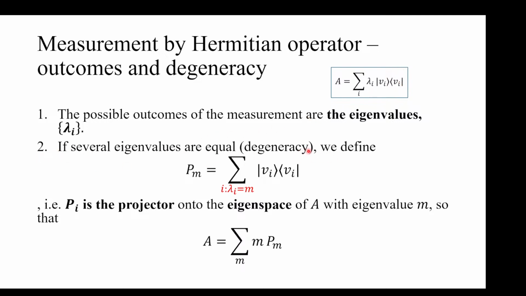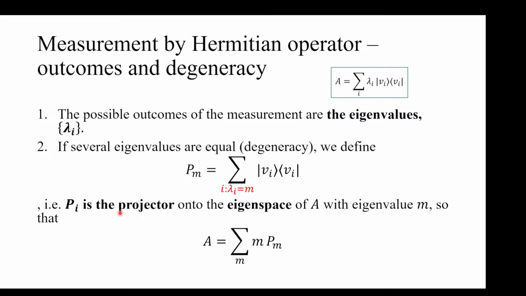This is what we call degeneracy. If some eigenvalues are the same, you really cannot distinguish the eigenvectors of the same eigenvalue. Instead we need the projector onto the eigenspace. We define the projector Pm: if some eigenvalues are equal to m, then it's a projection onto the space spanned by those eigenvectors.